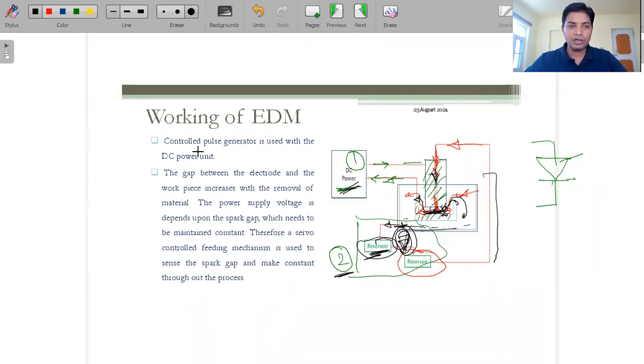Now what I have written over here is that a controlled pulse generator is used with the DC power unit. I will brief you about the generator in the mechanism part. Please keep in mind, this is the first point about the working. The gap is maintained between the workpiece and the tool to remove the material.